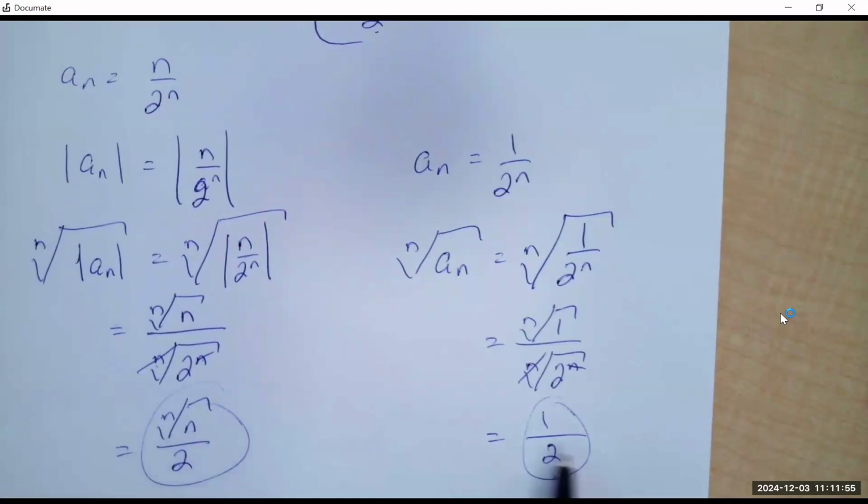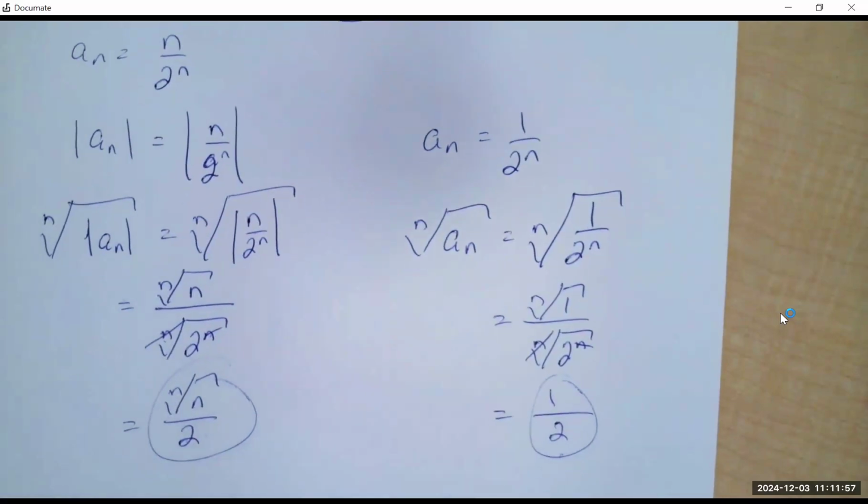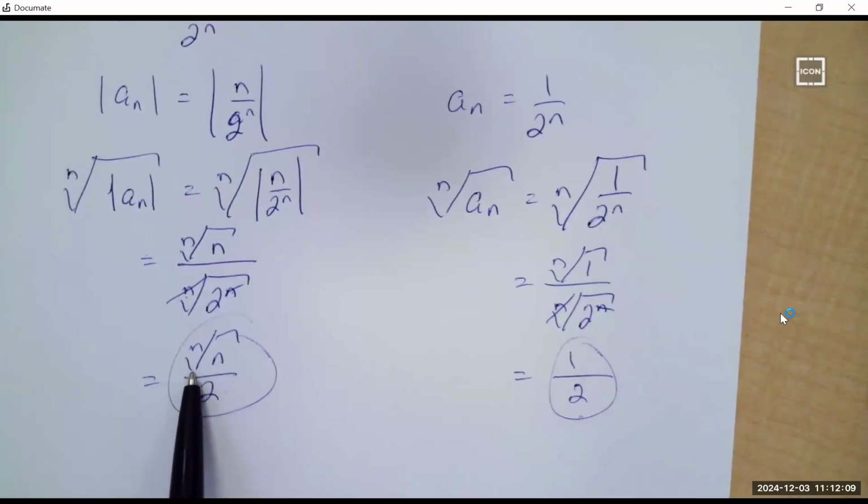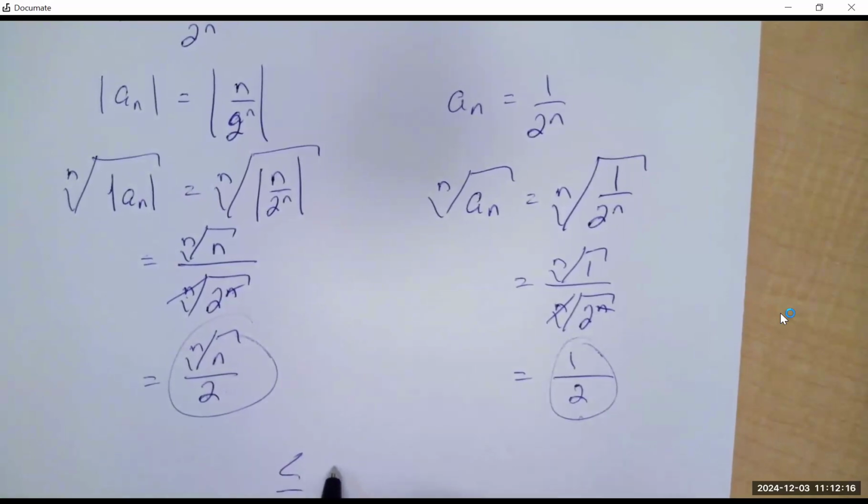So what do we know about these two? We're looking at bounds. Which one's bigger, 1/2 or the nth root of n over 2? Because what we're comparing to it is the nth root of the absolute value of our sequence.